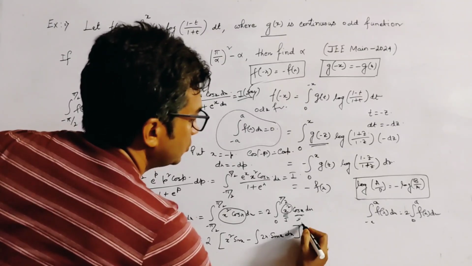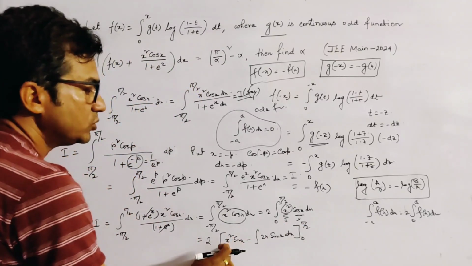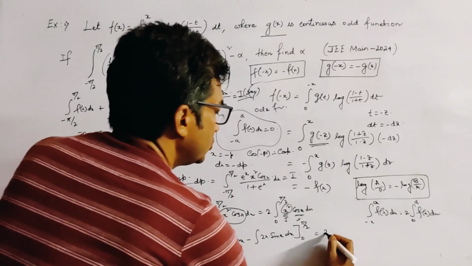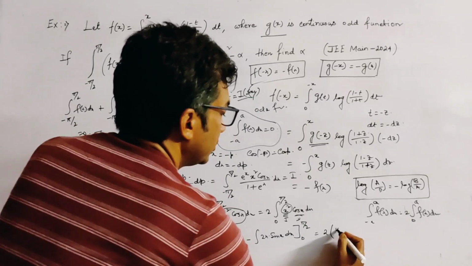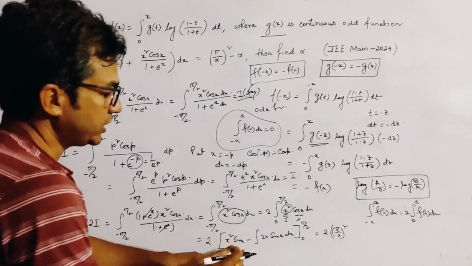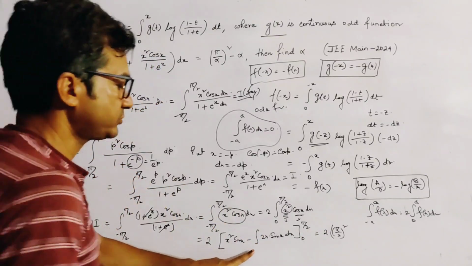The range is 0 to pi by 2. When we put in pi by 2 and 0, we get pi by 2 whole square into 1, and when we put 0 this becomes 0.